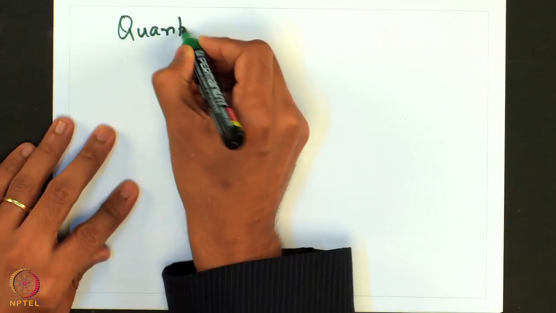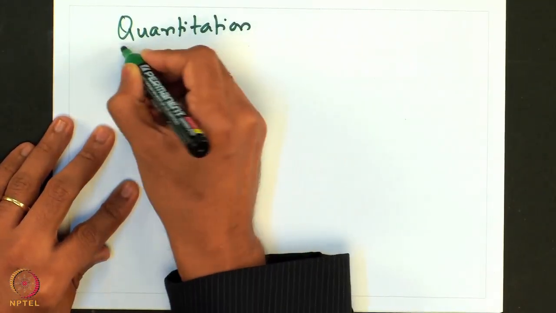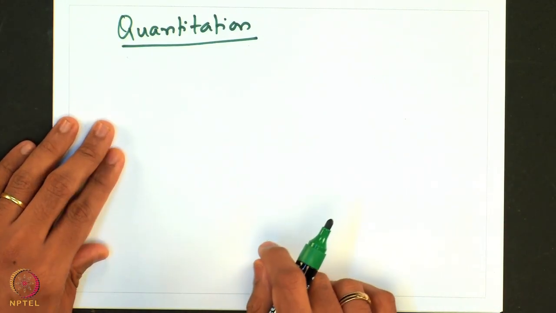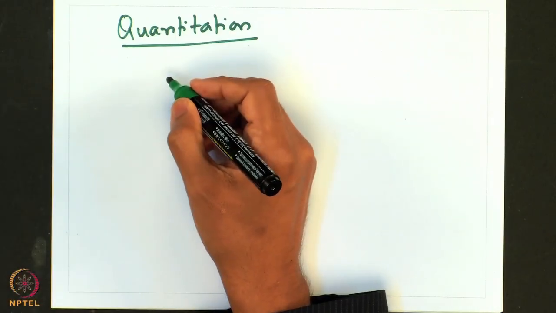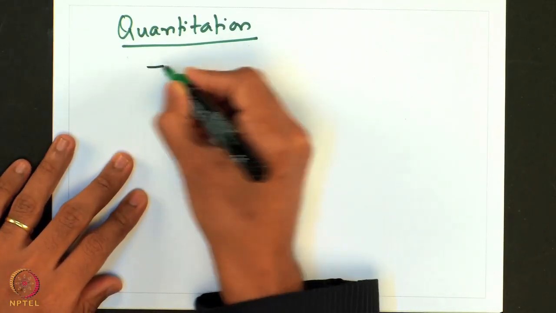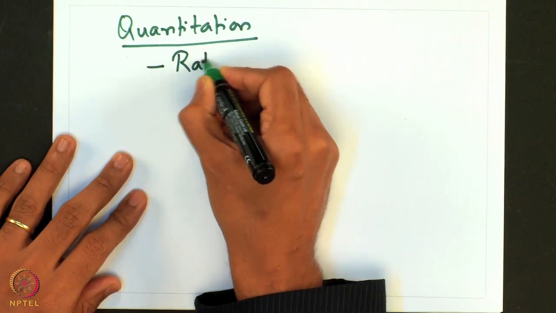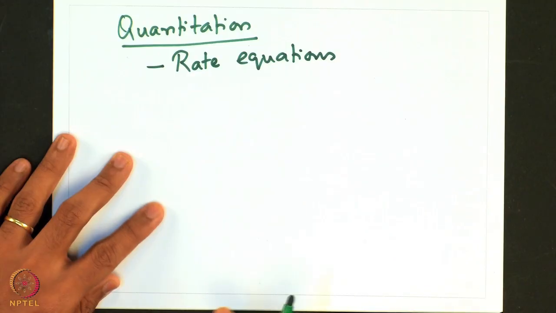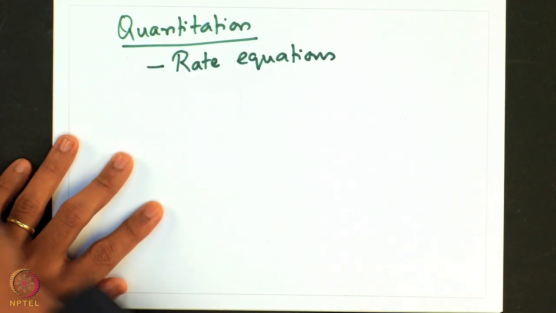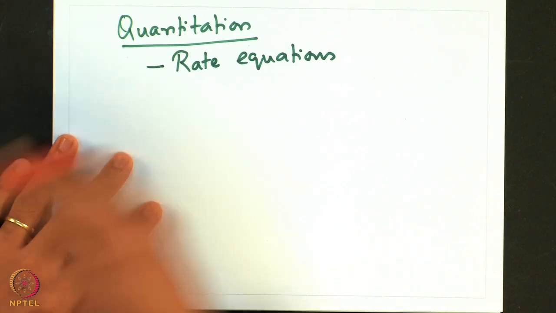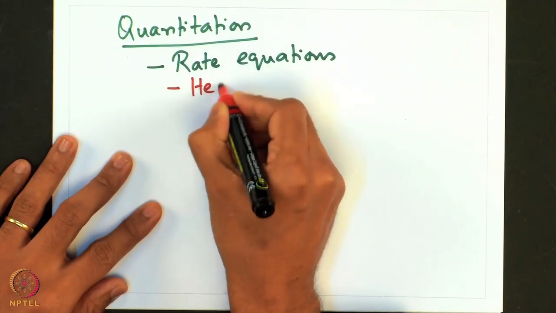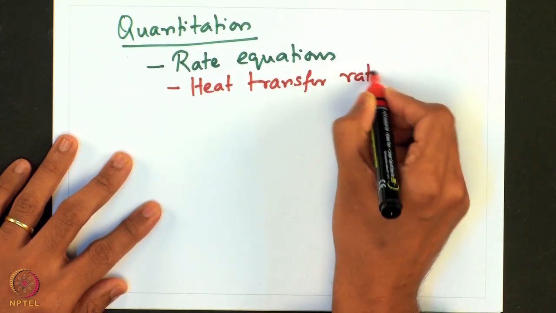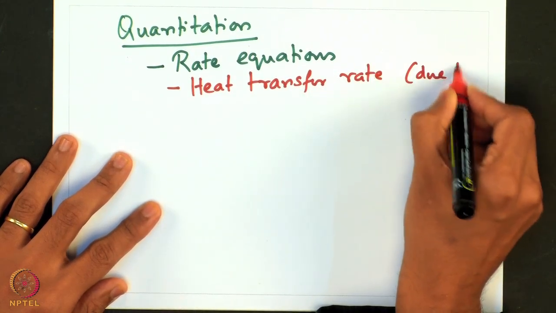We are going to look at the quantitation of the thermal diffusion process. In order to quantify, one needs to look at the rate equations. We are going to develop how to write the rate equations for these processes, in particular how to estimate the heat transfer rate in a given system due to conduction.